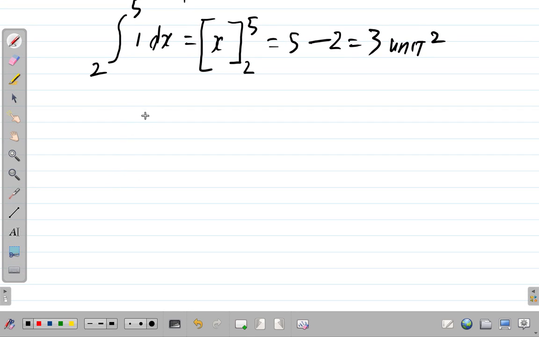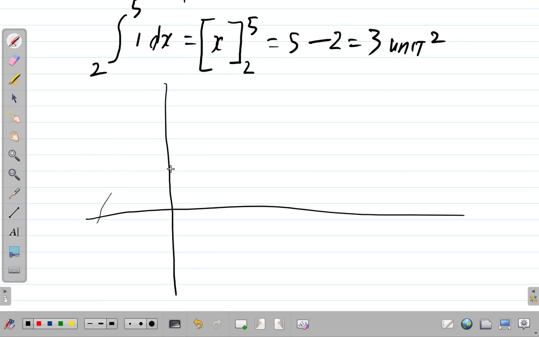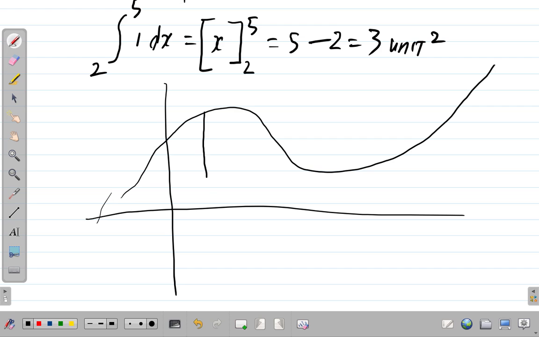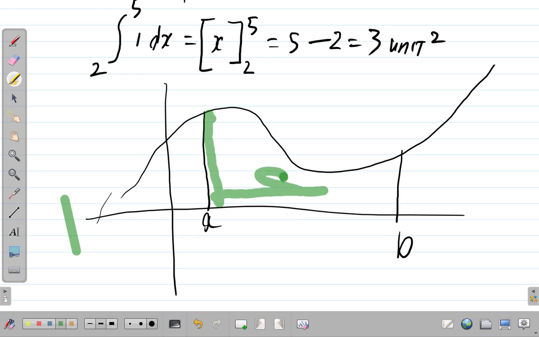You have your x-axis and your y-axis, and you have some sort of curve function, and you're integrating from here, call it a, to here, call it b, and you want to find not an estimate, not some approximate value, but the exact value of the area under this curve.